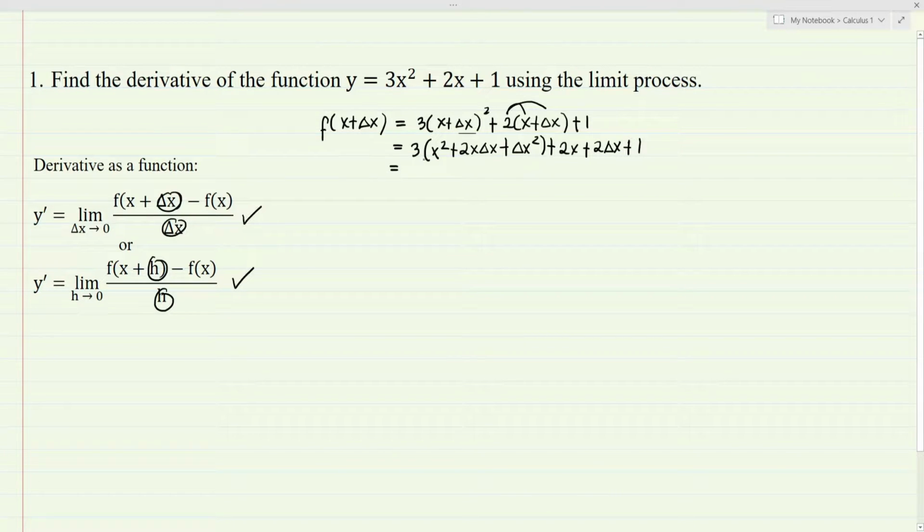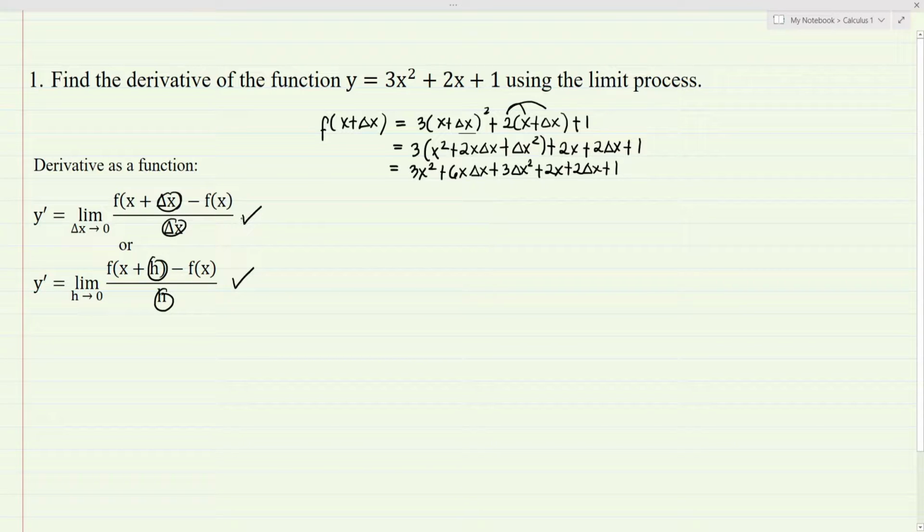Next, let's distribute 3 to this equation. I would have here 3x squared plus 6x delta x plus 3 delta x squared plus 2x plus 2 delta x plus 1. Okay, now that we have this function here, let's now solve for its derivative.